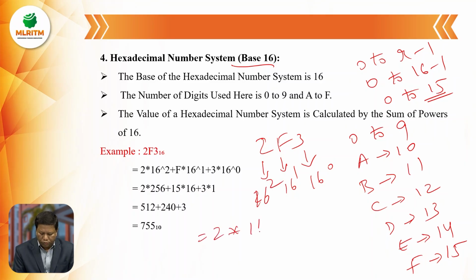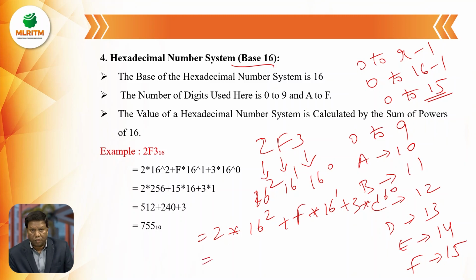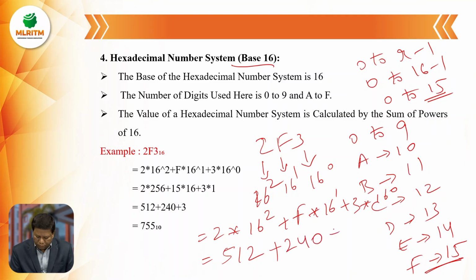That is 2 into 16 square plus F into 16 power 1 plus 3 into 16 power 0. 16 square is 256, and 256 into 2 we'll get 512, plus F, which has the decimal value 15. 15 into 16 we'll get 240, plus 3 into 16 power 0, and 16 power 0 we can write as 1, so 3 into 1 we'll get 3.